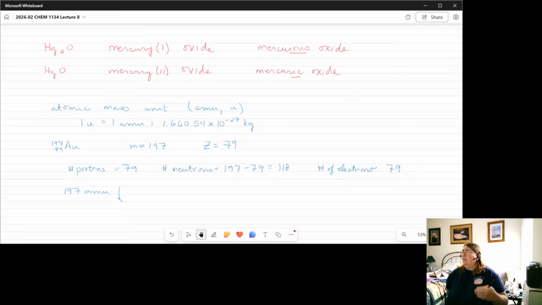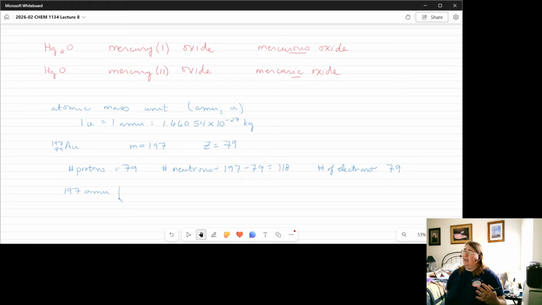It's really important that you get in the habit of writing units and checking units, because the problem's generally going to tell you what answer it wants. Here I want the mass of a single atom of gold, which is going to be in grams, the unit we generally use in chemistry, not physics.